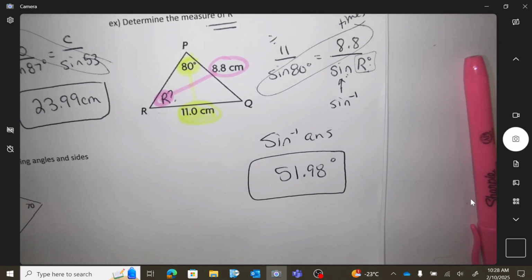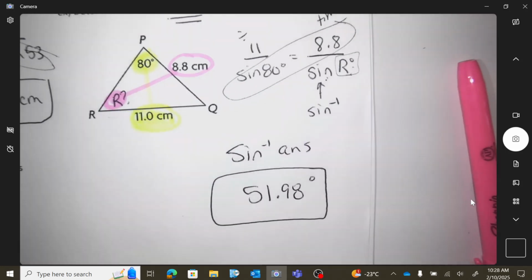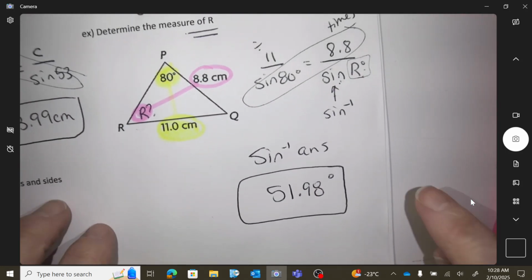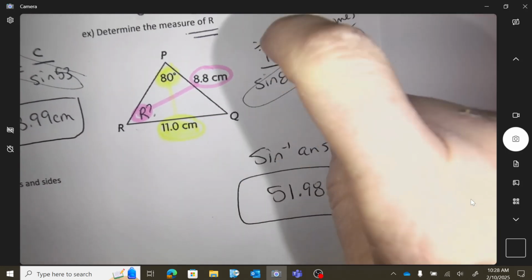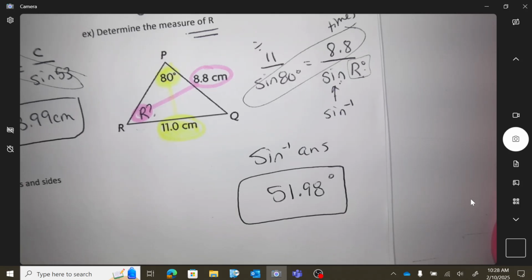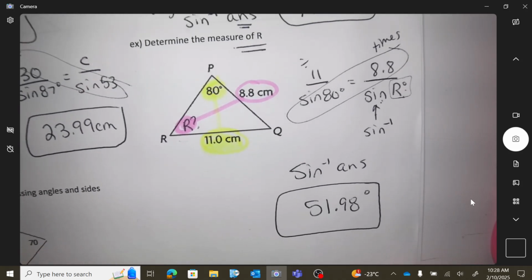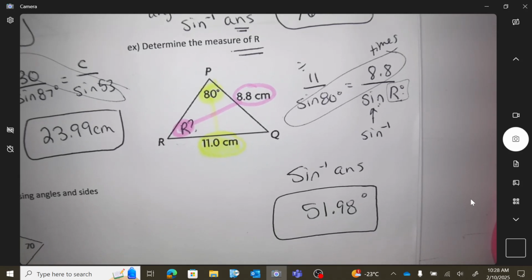Is that the answer, Mitch? Yeah. Times diagonal, divide lonely, angle, sine inverse. Yay? Do we like that answer? We got there?